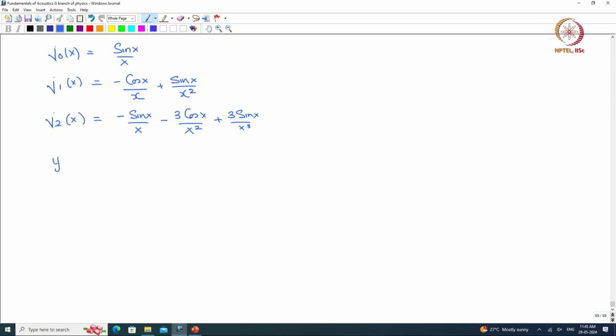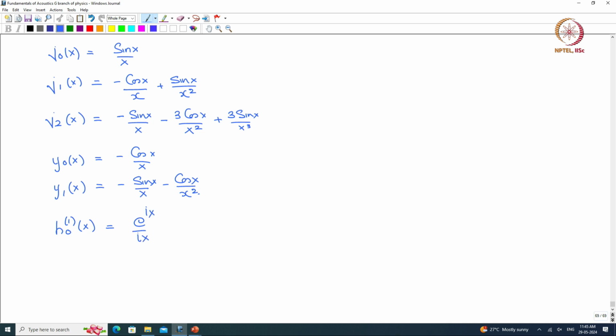Whereas Y0 of x is minus cos x over x, Y1 of x is minus sine x over x minus cos x over x squared, and so forth. Similarly, the Hankel function zeroth order first kind is e to the power of ix over ix.